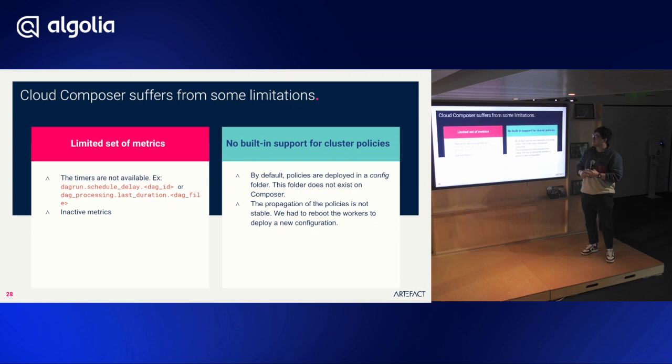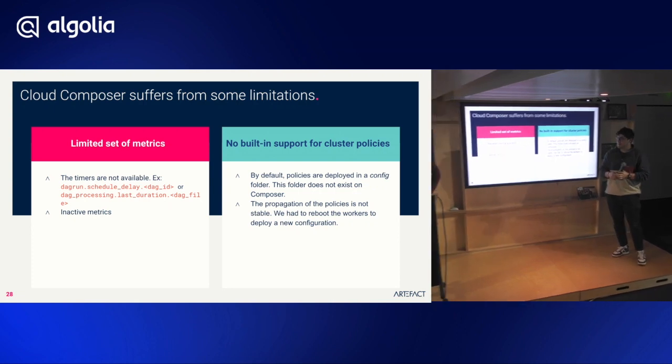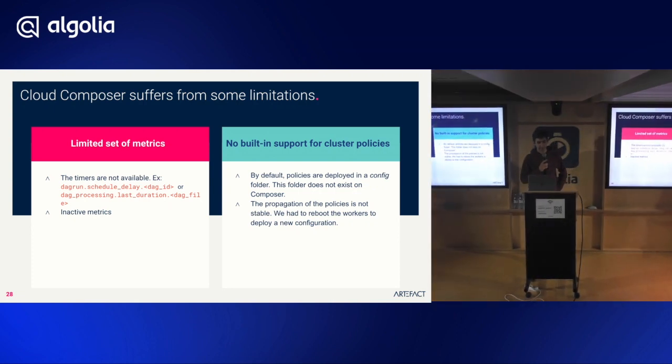Also, about monitoring, Cloud Composer offers a limited set of metrics. Airflow offers a lot of metrics. There is a StatsD endpoint, and you have maybe 100 metrics. Cloud Composer offers a subset of those metrics, and sometimes it makes monitoring difficult.